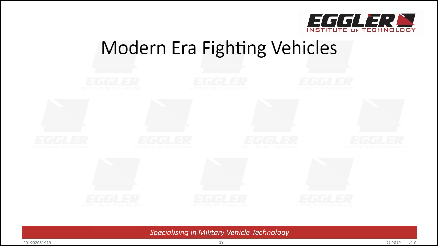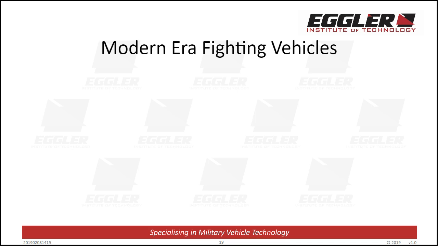We now come to modern-era fighting vehicles, many of which are still in active service today. Following World War II, there was a burst of technological development that greatly enhanced the combat effectiveness of military fighting vehicles. Many of these technological developments were spurred by the Cold War and competition between the US, its allies, and the Soviet Union.